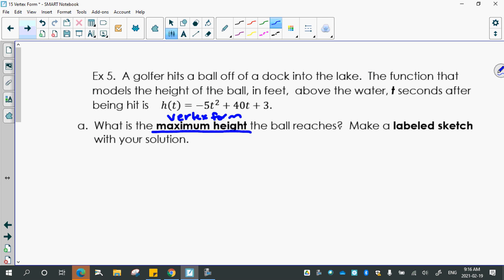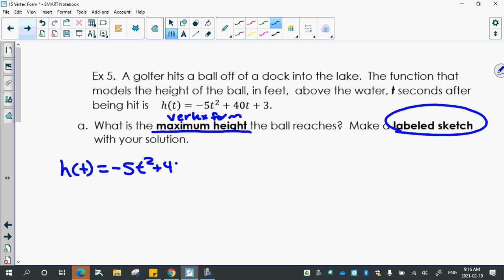And then also make a labeled sketch, and that's also going to be really important. We're going to do that with all our word problems, to help make sense of what the vertex actually means when it's not just x and y. In this case, it's h(t) and t. So if I'm making a little sketch here off to the side, how do I know what goes on the y-axis and what goes on the x-axis? Vertical and horizontal.